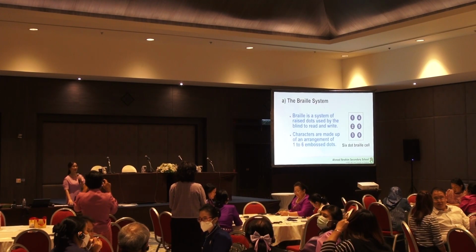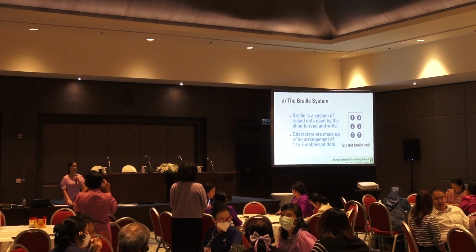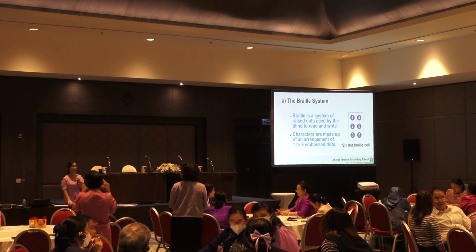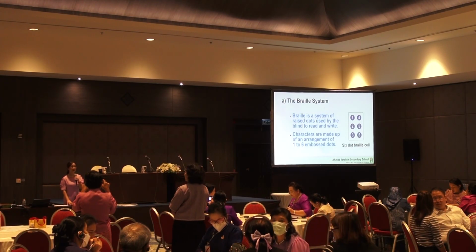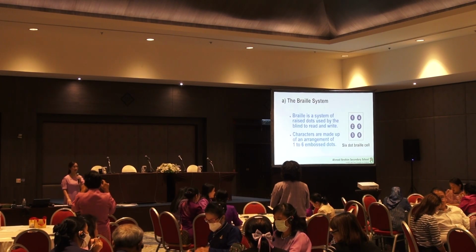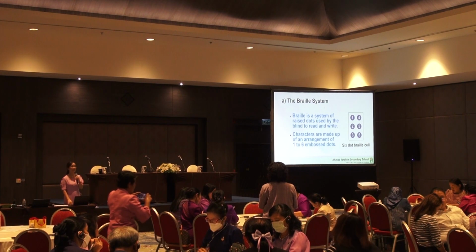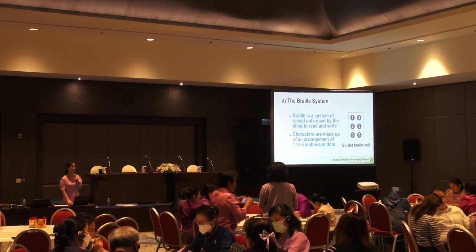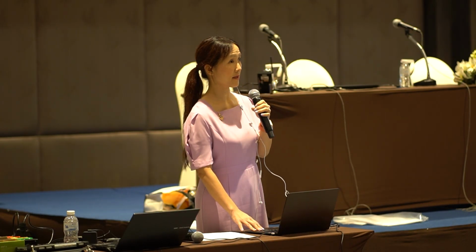So what is braille? Braille is a system of raised dots, and mainly they are made up of 6 dots, 2 columns, 3 rows. So different positions of the dots will represent different alphabets or different signs. So this is how a full braille cell looks like. 6 dots, 2 columns and 3 rows.